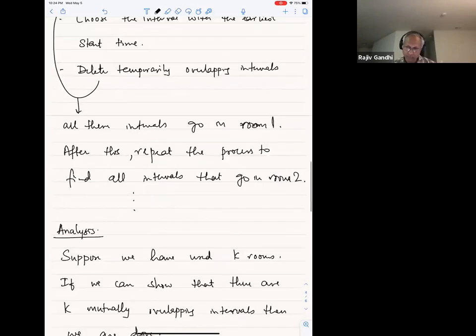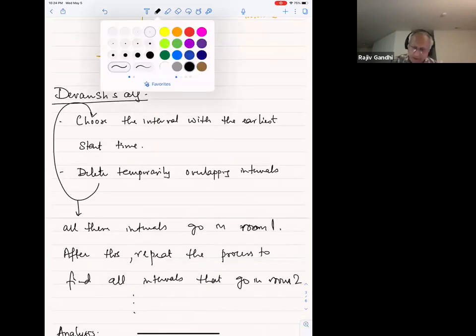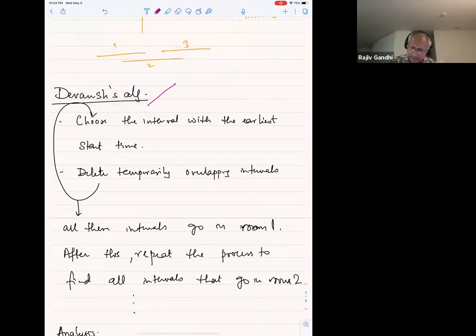Let me explain this algorithm slightly differently. It's the same algorithm, but I'll put it slightly differently.